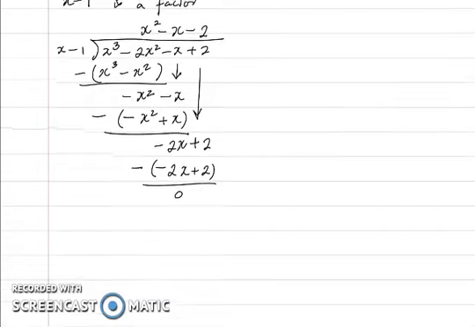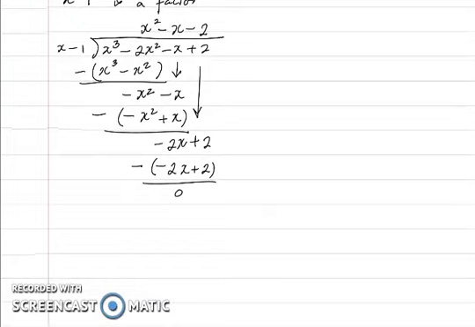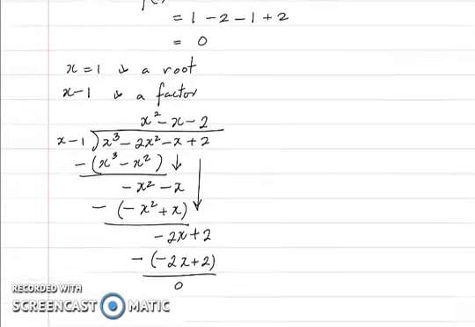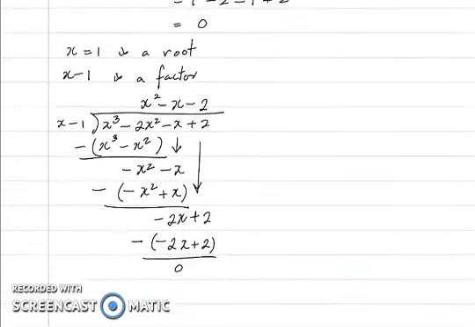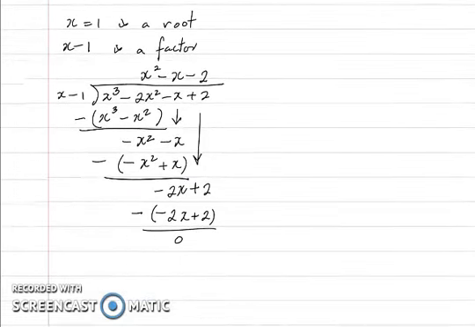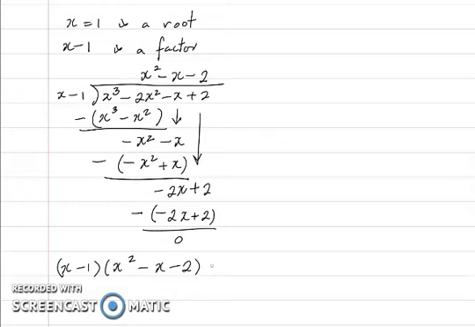So therefore, the cubic equation x cubed minus 2x squared minus x plus 2 can now be written as x minus 1 into x squared minus x minus 2 is equal to 0.